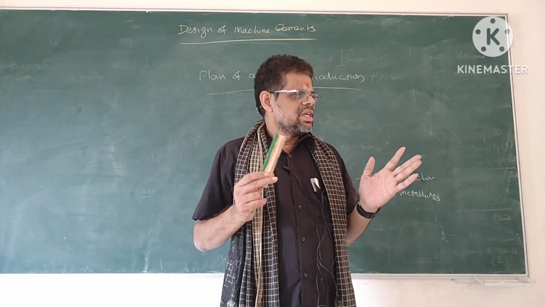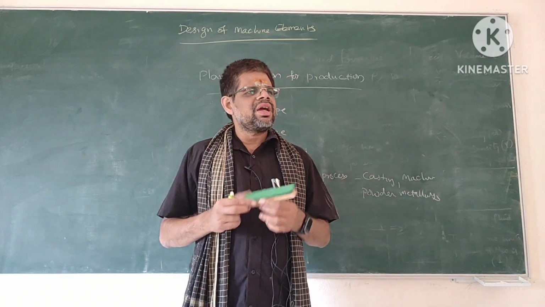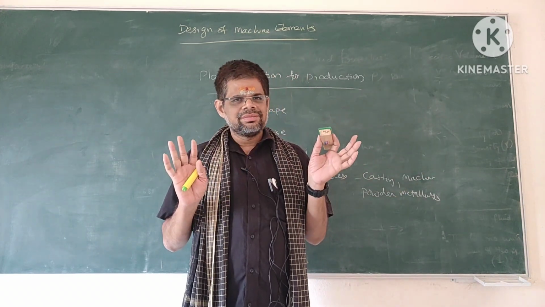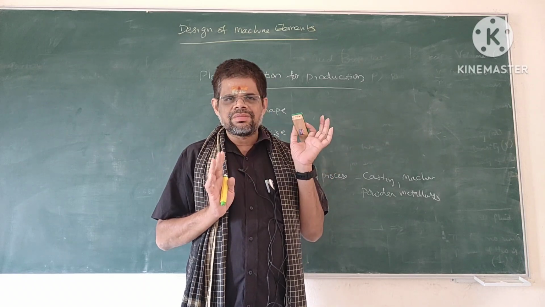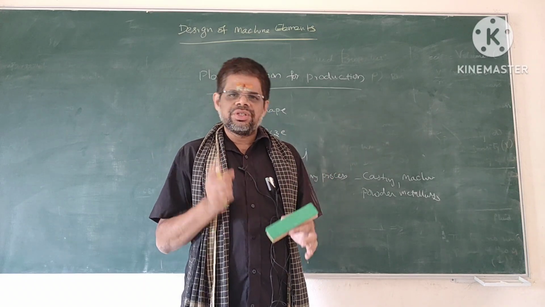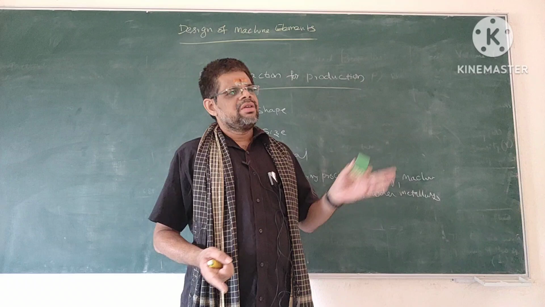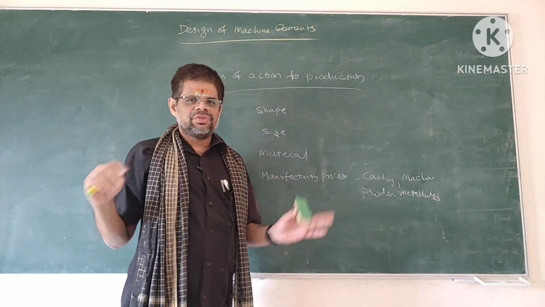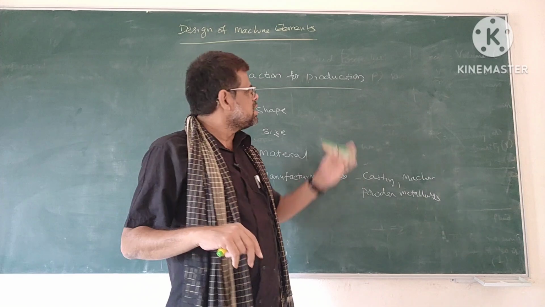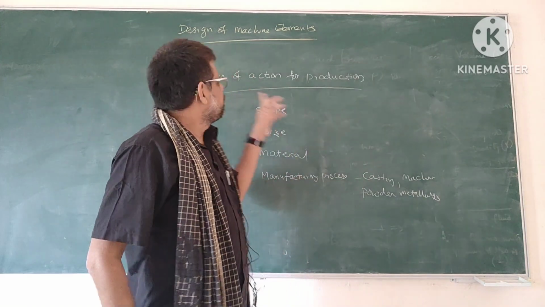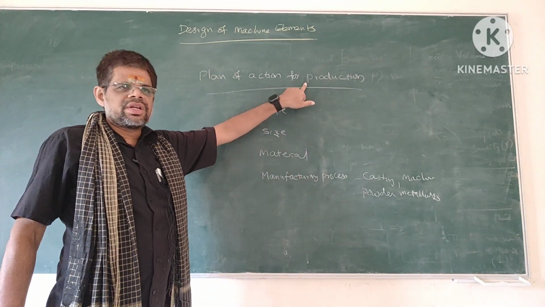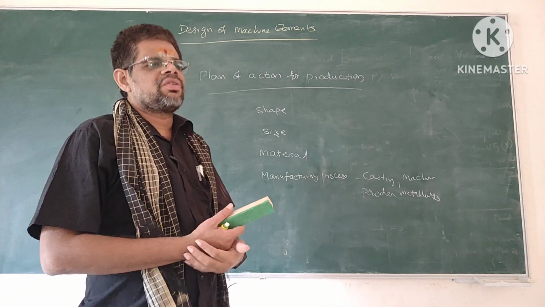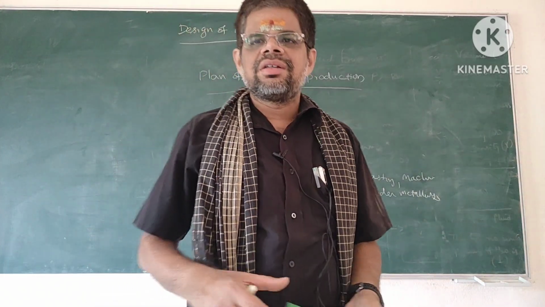Simply, design is not determining the diameters or the dimensions. It includes shape, size, materials, manufacturing process and so many other things. We will discuss later. So that is the plan of action of production. So that is design. Now write the definition for the design.